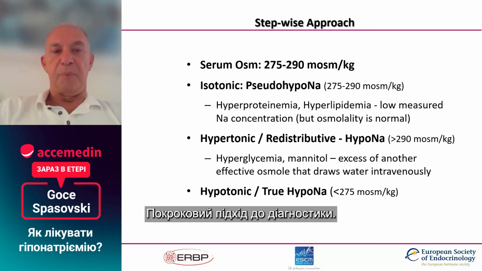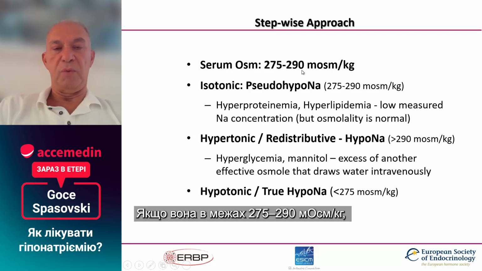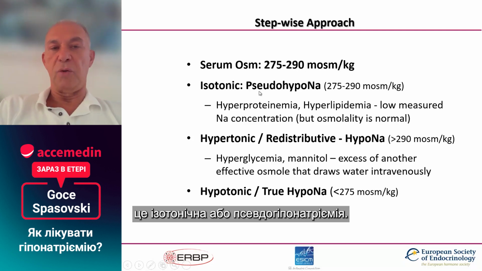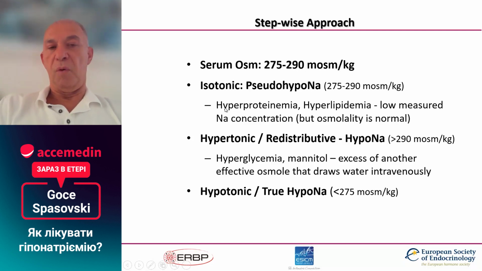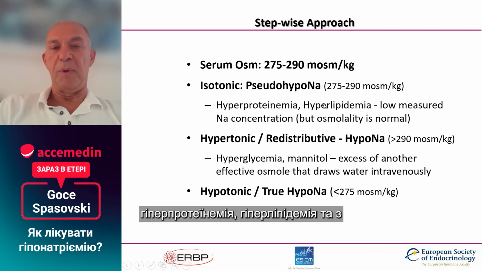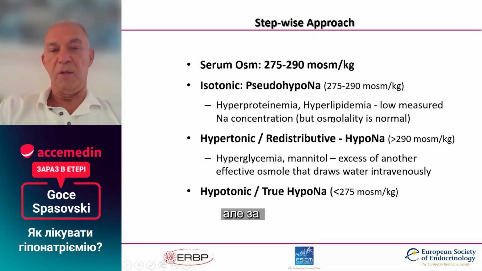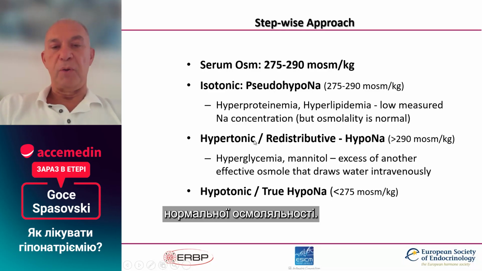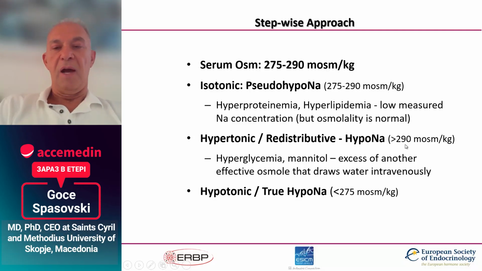What is the stepwise approach? First, we measure serum osmolality, and if it is between 275 and 290, that is isotonic or pseudohyponatremia, which is always present with hyperproteinemia, hyperlipidemia, and low measured sodium concentration. But anyway, the osmolality is normal. Hypertonic or redistributive hyponatremia we have when there is a higher osmolality above 290.